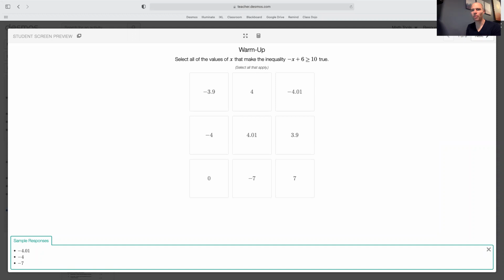So on this first screen, the warm-up, you could plug in or substitute the values in the boxes for x and then see whether or not the inequality is true.